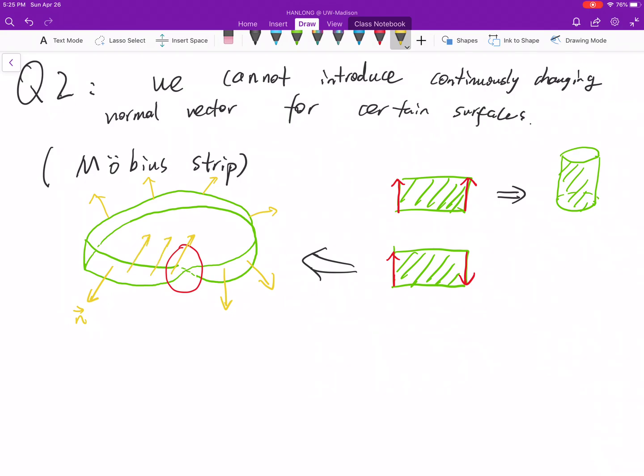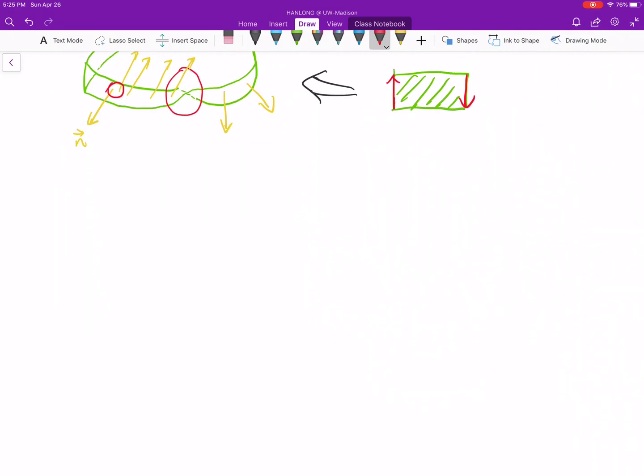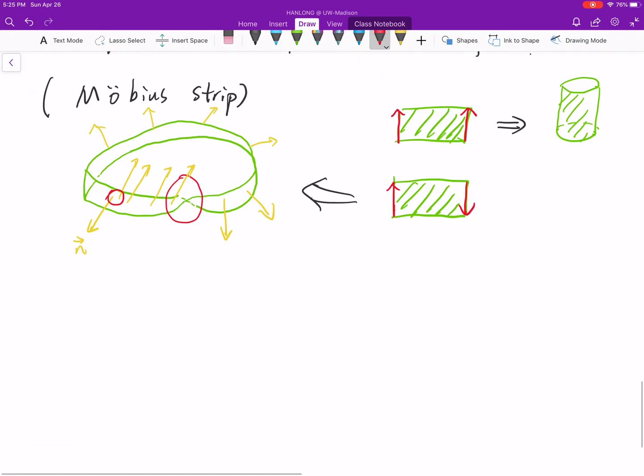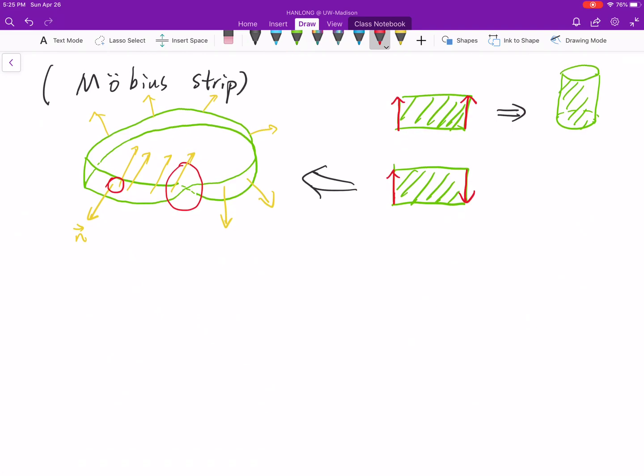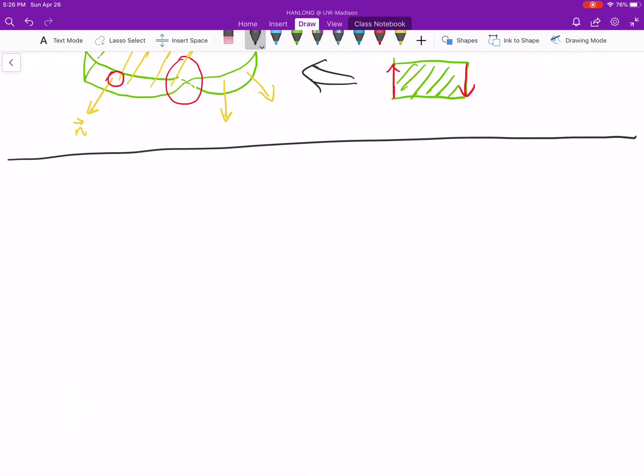So when you turn back, they have some gap here, right? When they are close enough, the direction is opposite to each other. So you cannot do that. Okay, so this is the second question. We cannot define the normal direction globally. To solve these two questions, we need to introduce the following idea, what is called orientation.